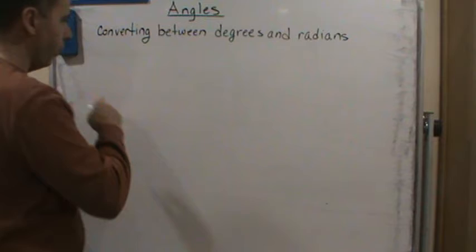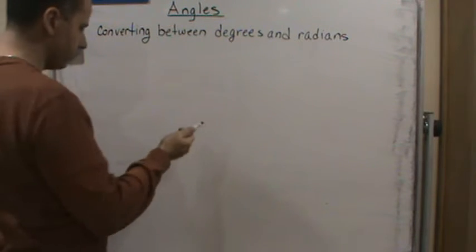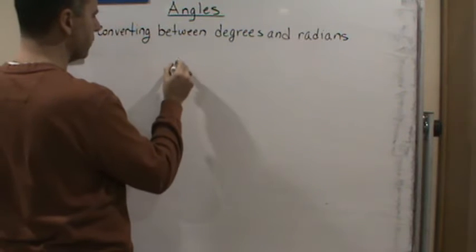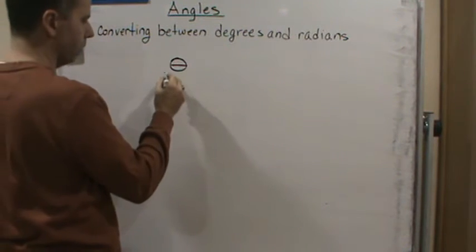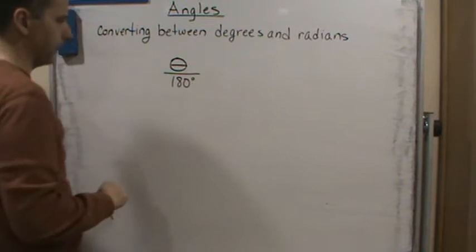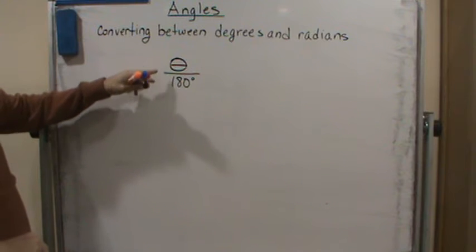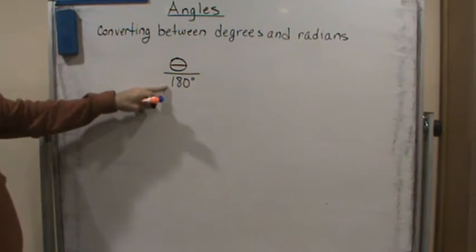If we set up a proportion, we can use the central angle. If we use the central angle in degrees, we take that ratio with 180 degrees, so the central angle measured in degrees to 180 degrees.